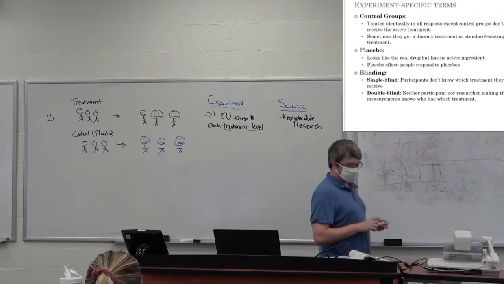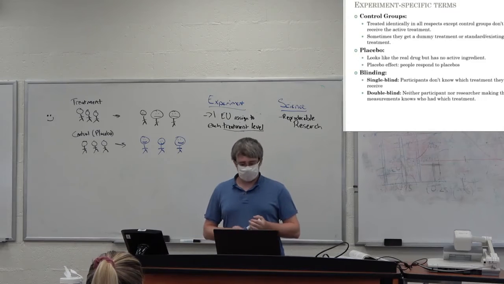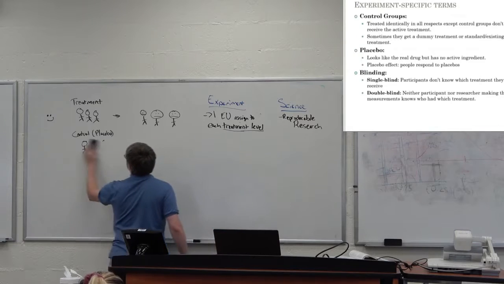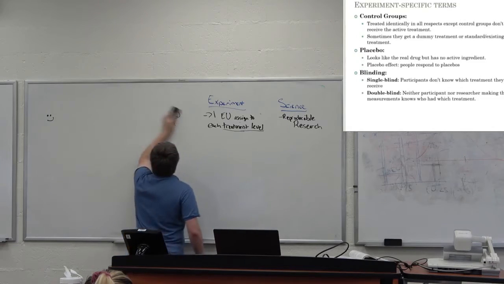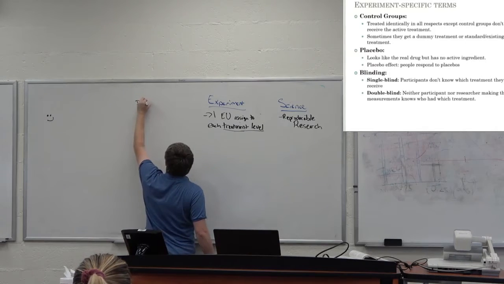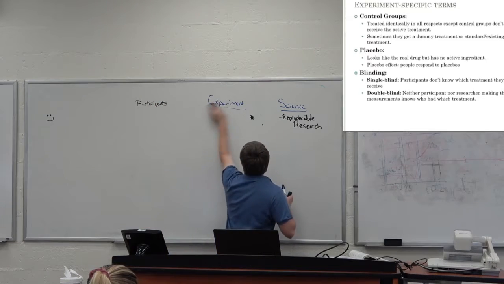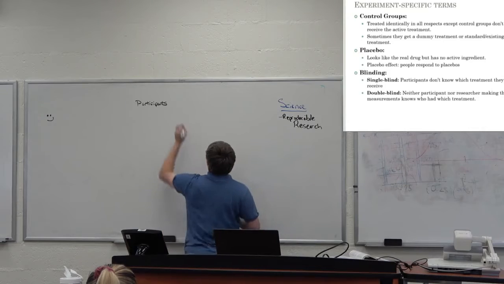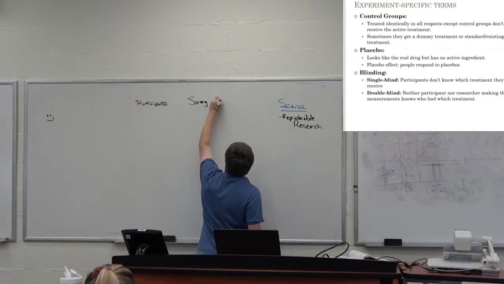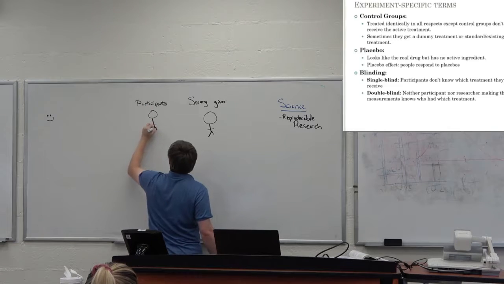Who here has heard of a type of blinding before, either single blinding or double blinding? A few people. So single blinding, and I think this will be easier with a picture as well. Suppose we have participants over here, and let's just say we're doing a survey, and there's a survey giver. Person here, and the participant over here.